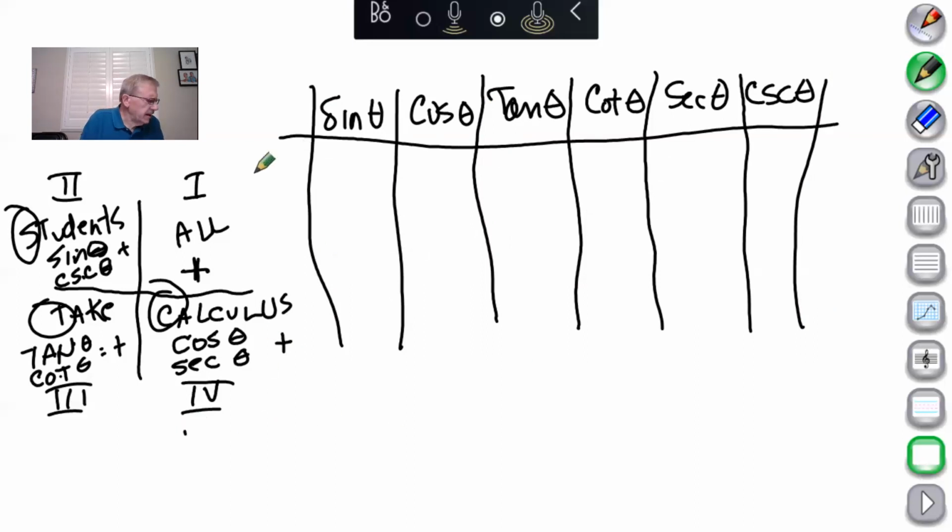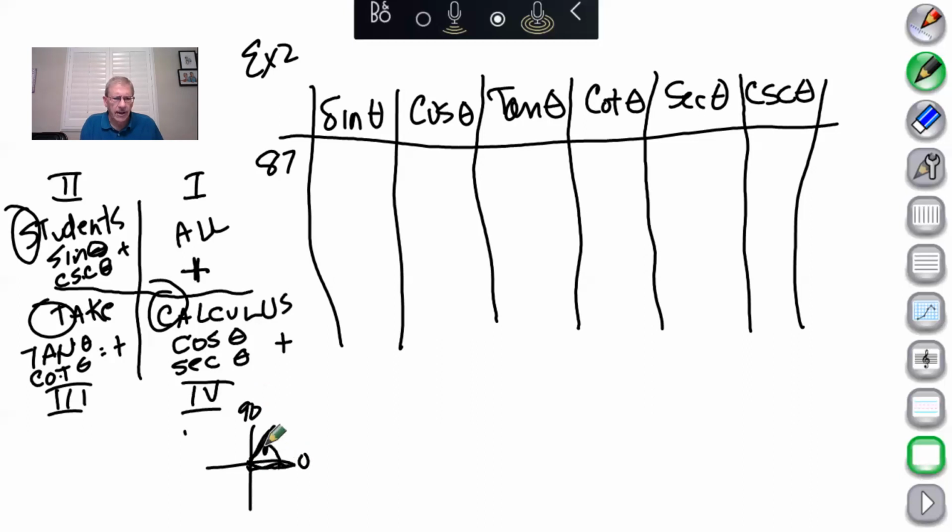Okay, let me take a look at some angles. This is example 2 in your book on page 30. In this one, first of all, they gave us 87. Well, let's look at 87. 87 degrees is between 0 and 90, so it's in the first quadrant. This is the initial side. This is the terminal side.